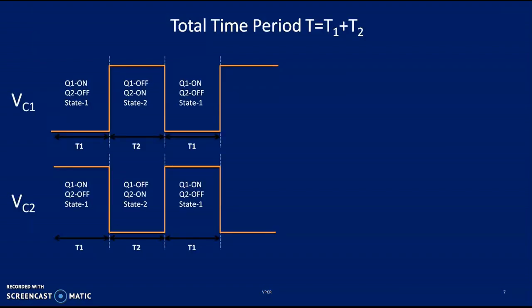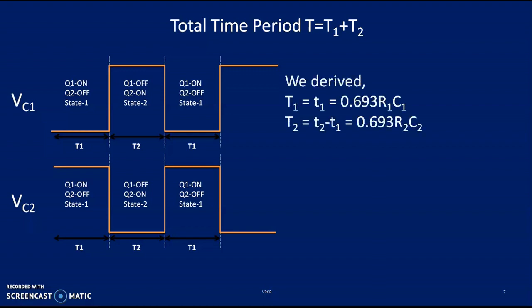Okay, so here I am representing the Vc1 and Vc2. We derived the expressions for T1 and T2, and these are the two waveforms. The key point is Vc1 and Vc2 are complements of each other, and these two waveforms are rectangular waves.